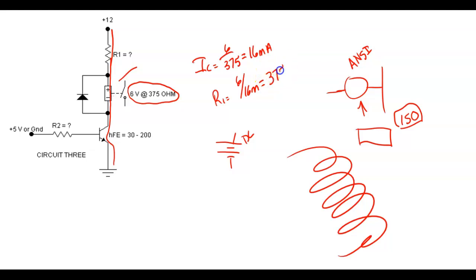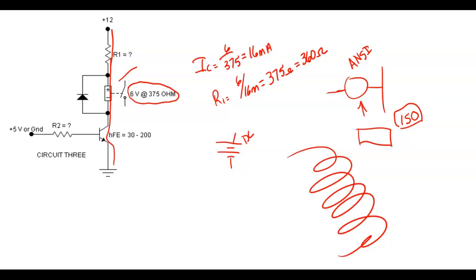We don't have one of those, so we'll round it. Okay? Very okay. So what size did we choose? 360? Okay.